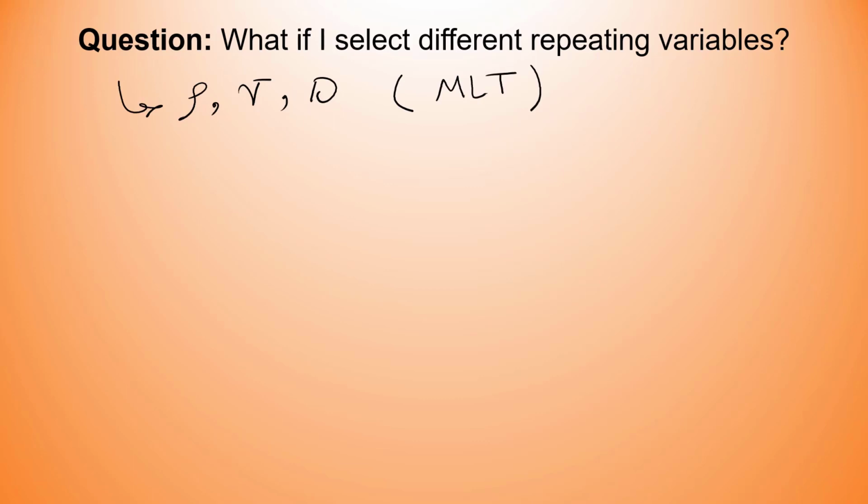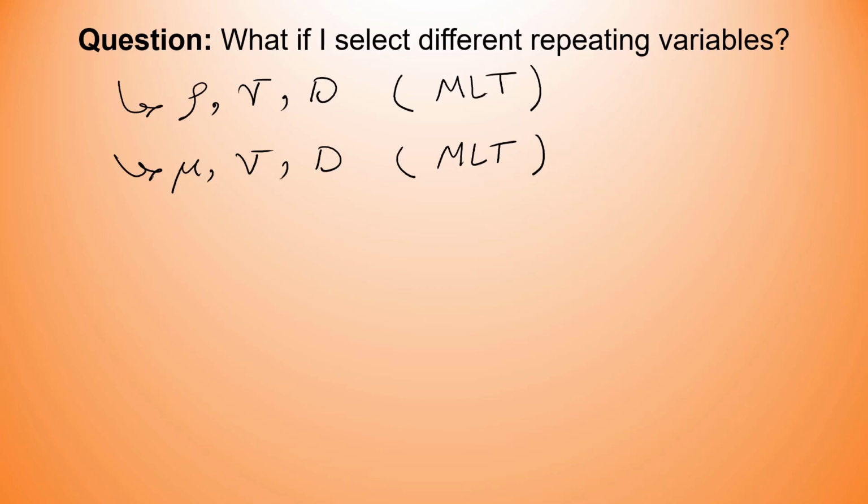Now you can select any other combination of variables that collectively have M, L, and T. For example, I'm going to do mu, v, and d. Again, if you go back to that slide that I showed you with the dimensions, you'll see that these three will have M, L, and T collectively.